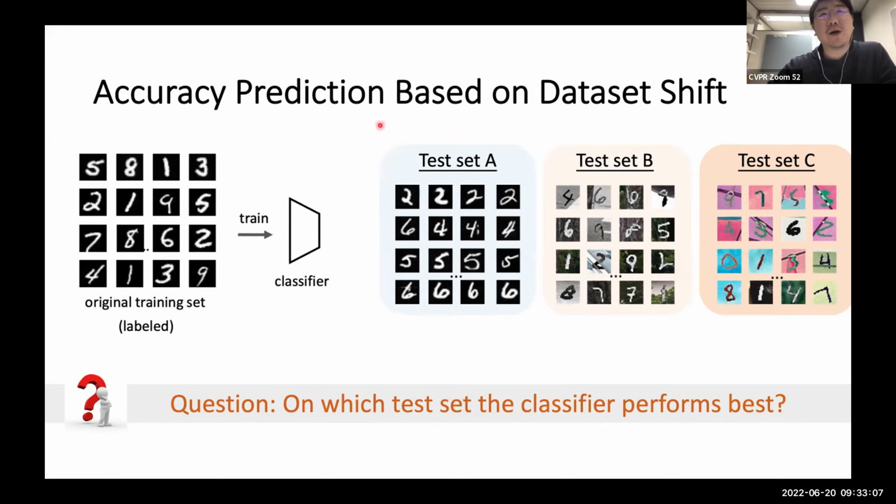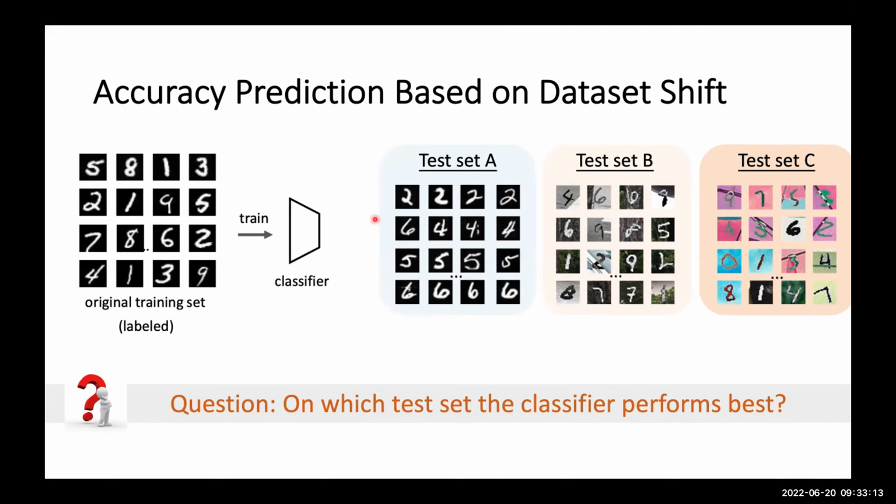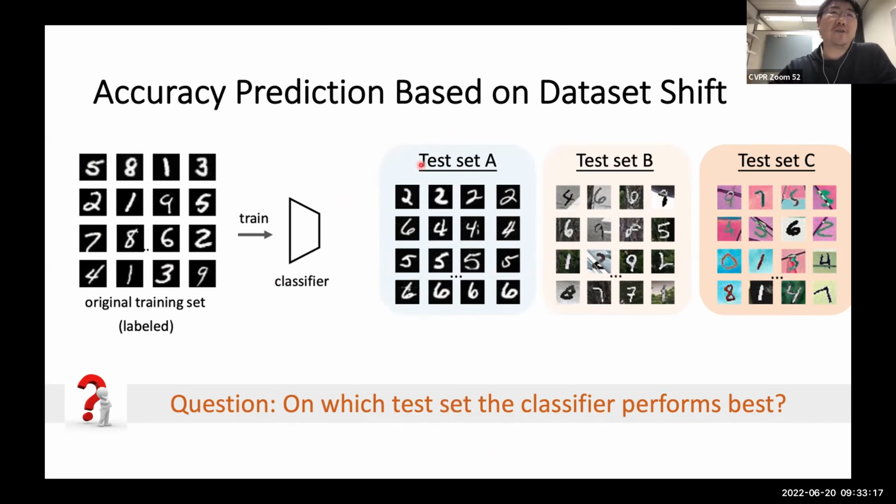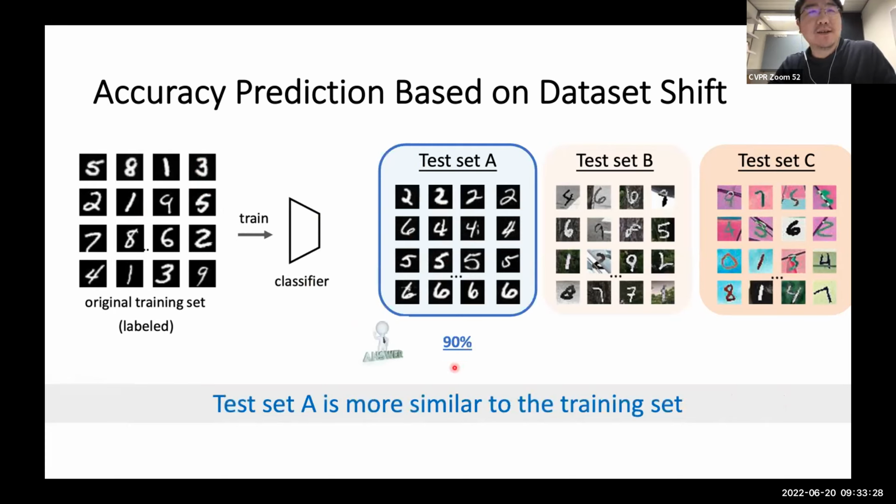Test set A would be the set where our classifier performs the best, because it looks exactly the same as the training set. So on test set A, our model will perform best. It has 90% accuracy because test set A is very similar to the training set.